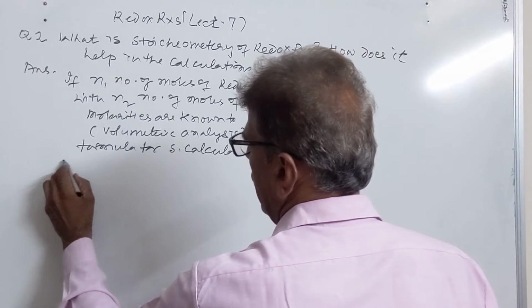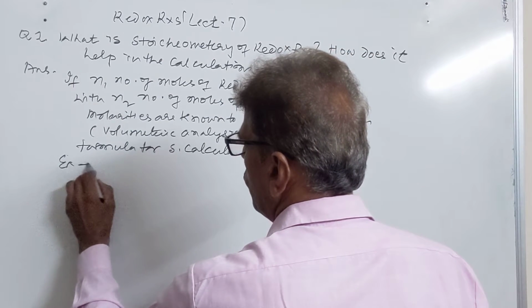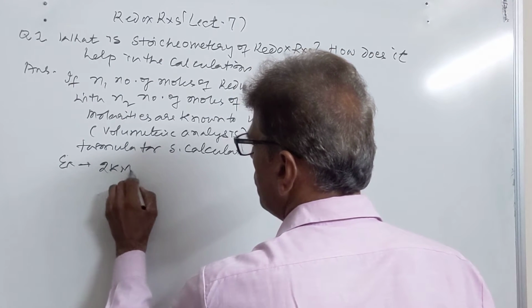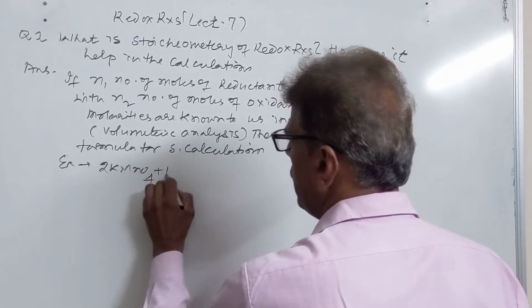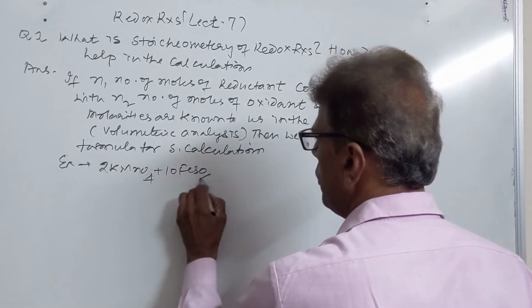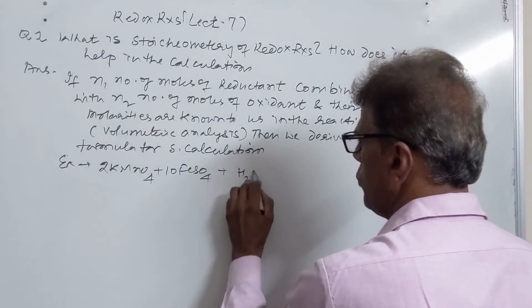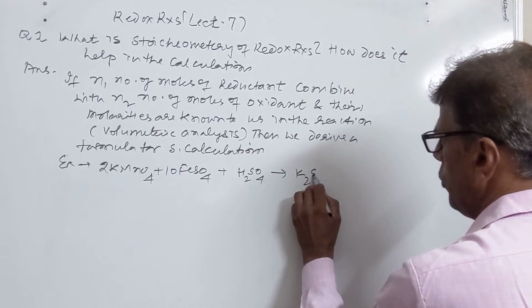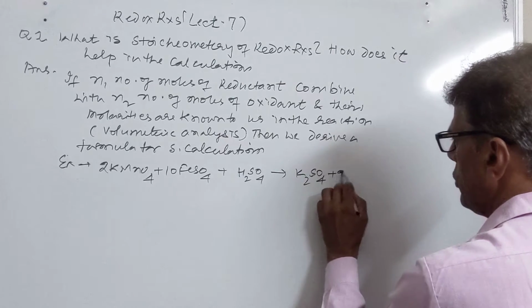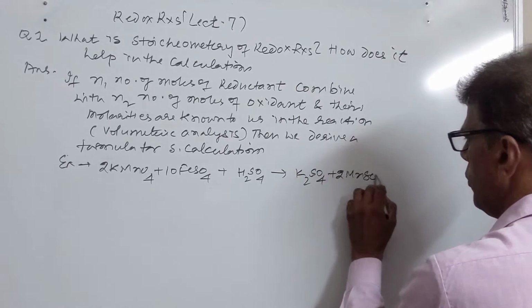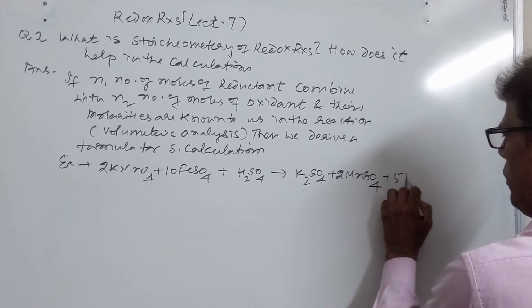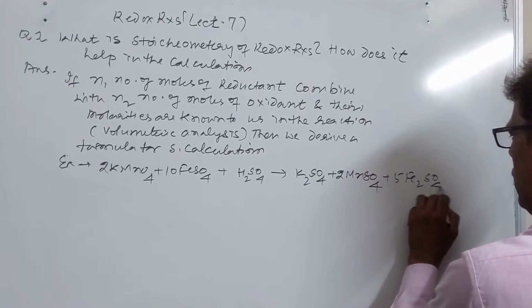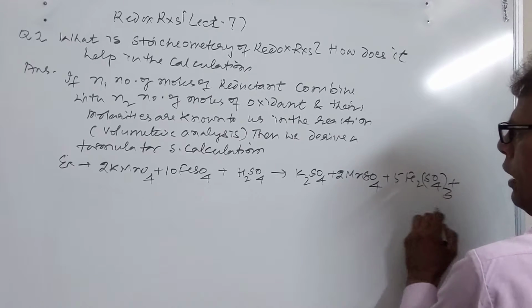Let us see: 2KMnO4 combines with 10FeSO4 in the presence of concentrated H2SO4 to give K2SO4 plus 2MnSO4 plus 5Fe2(SO4)3 and plus water.